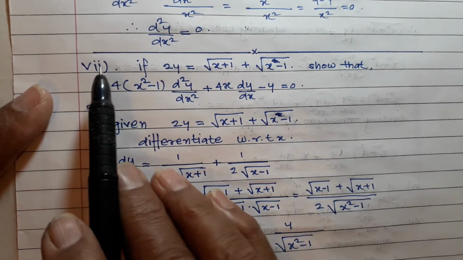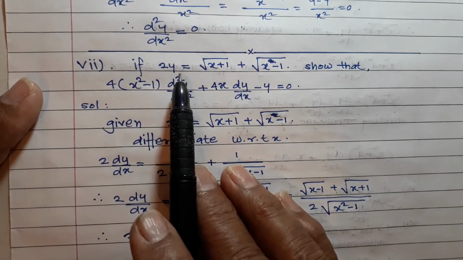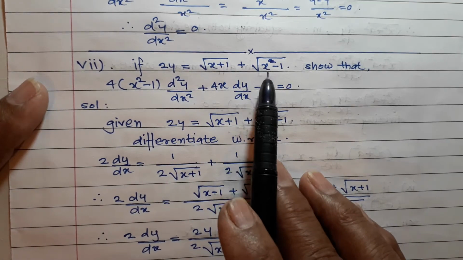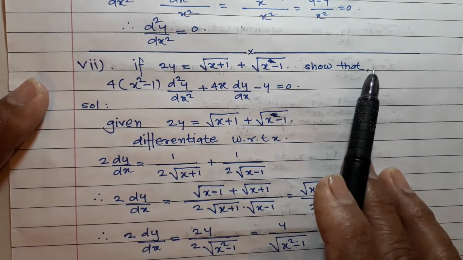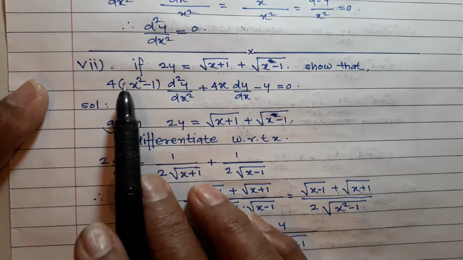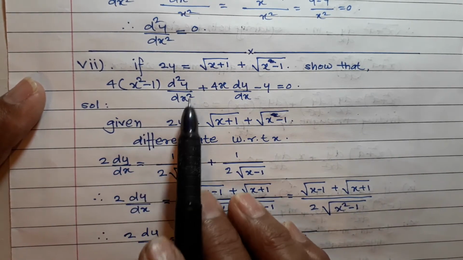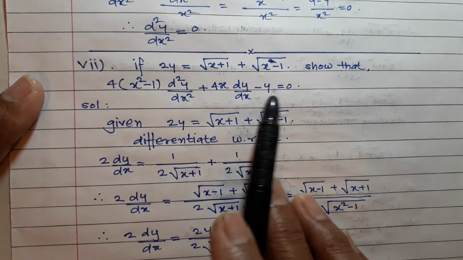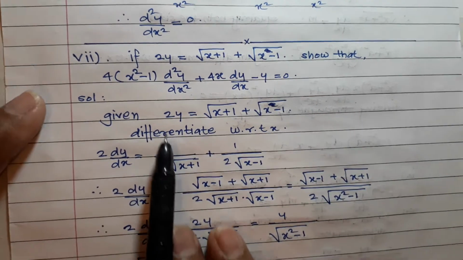Question number 7. If 2y is equal to root x plus 1 plus root x minus 1, show that 4 into x square minus 1 d square y dx square plus 4x dy dx minus y is equal to 0.